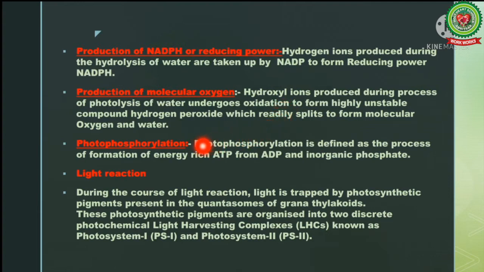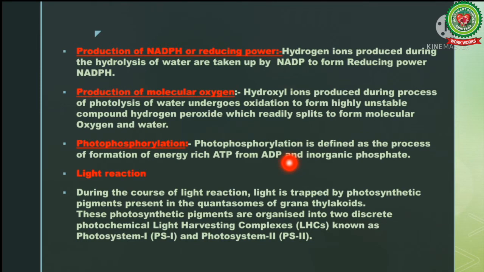The next step is photophosphorylation. Here, photo word stands for light, phospho word stands for phosphate, and rylation means process of formation. So photophosphorylation is defined as the process of formation of energy-rich ATP from ADP and inorganic phosphate.